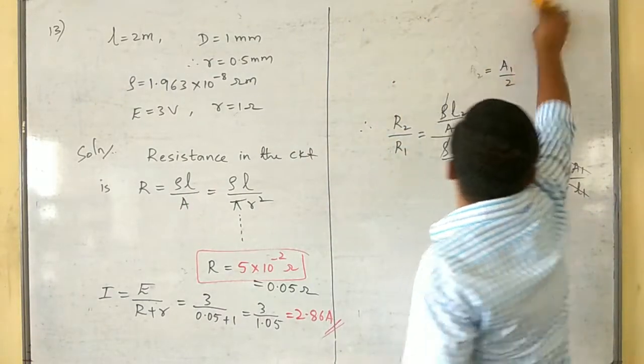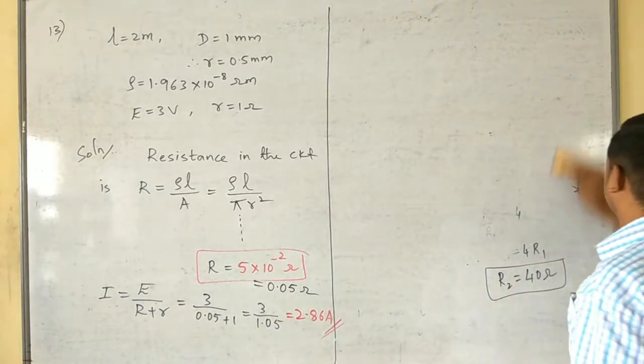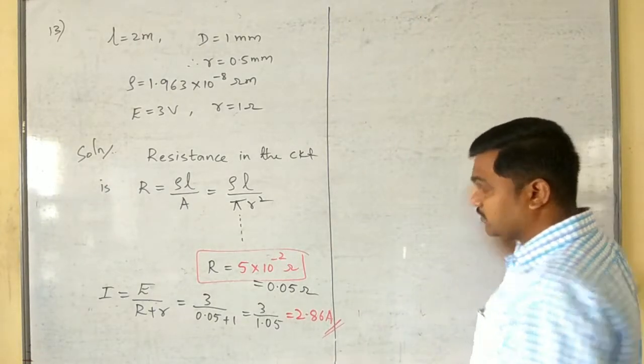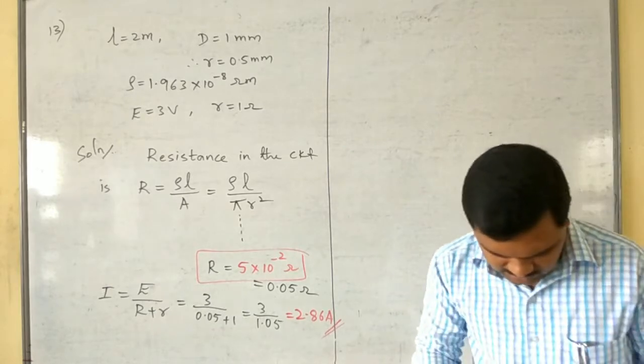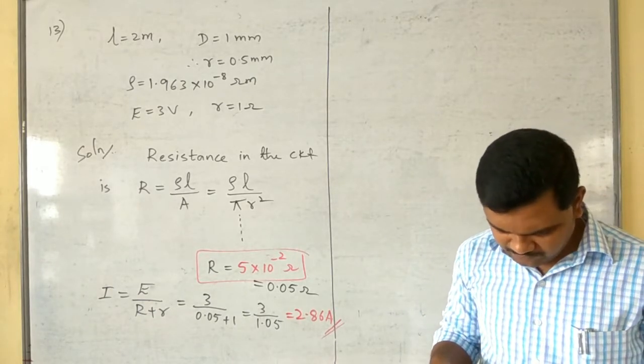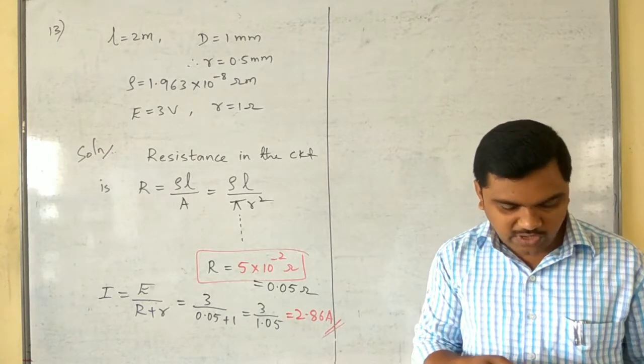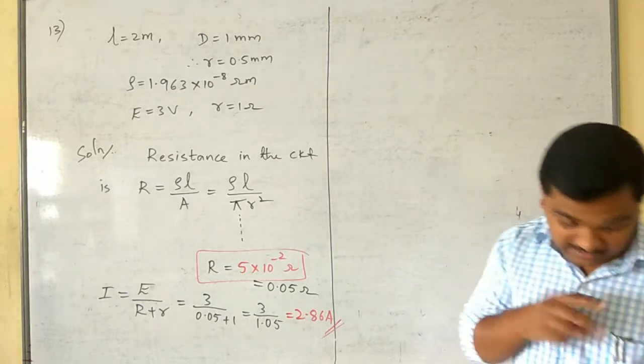Okay, anyhow, so it is almost 25 minutes. The 14th one: a network of resistors is connected to a 12 volt battery as shown in figure.